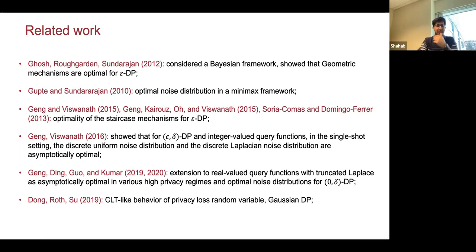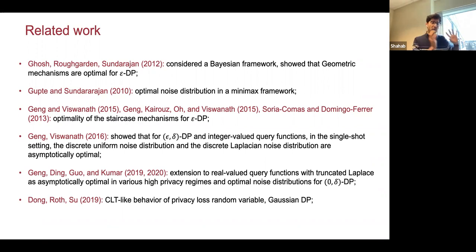So recently there is a very nice variant of differential privacy, which is called Gaussian DP. In this paper, they prove some sort of central limit theorem kind of result for the composition. It's very interesting, and actually very close to what we are doing. But the difference is that there is no mechanism design.